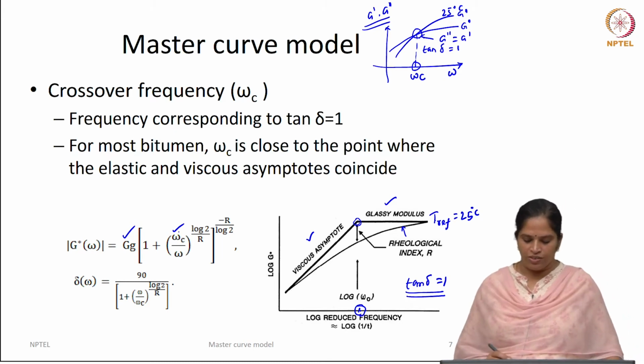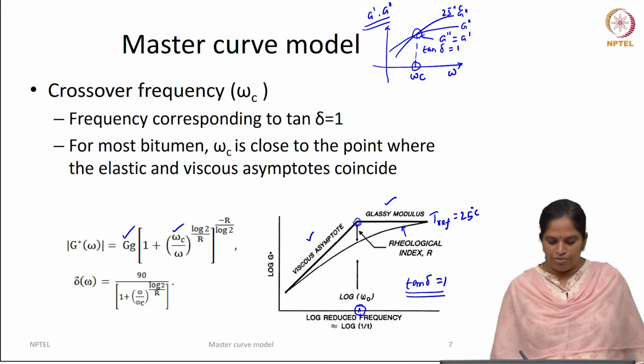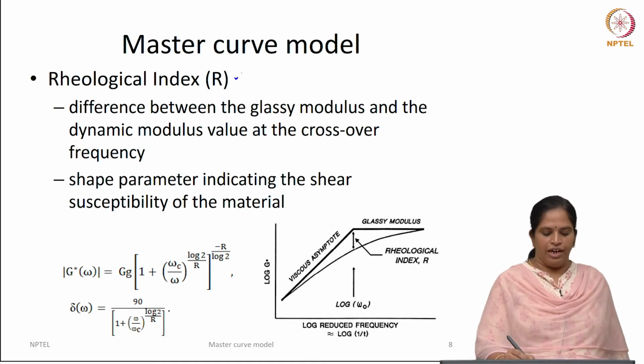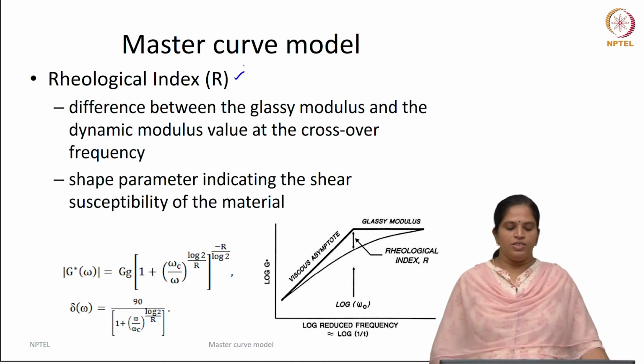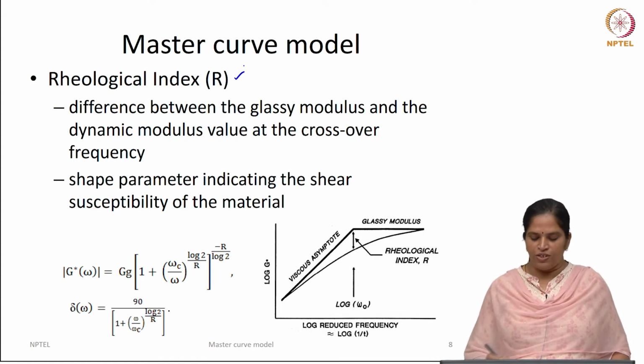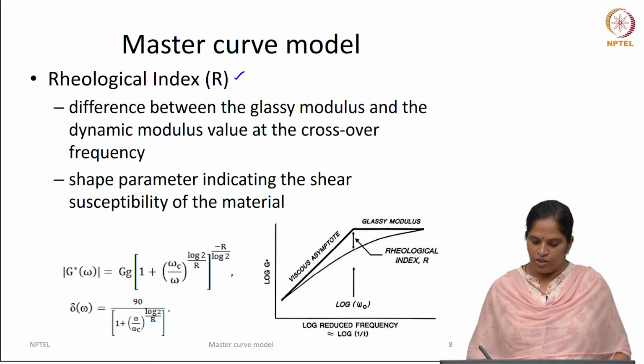and find out in the laboratory what this crossover frequency is. Now, the next term here in the master curve, which is R, is called a rheological index. This rheological index is nothing but the difference in the modulus value obtained at the crossover point. So, we have a crossover point here, and the modulus value obtained from this peak point to the modulus value which we get here.